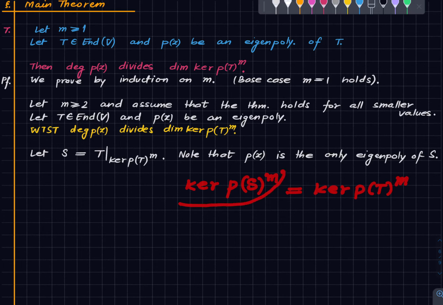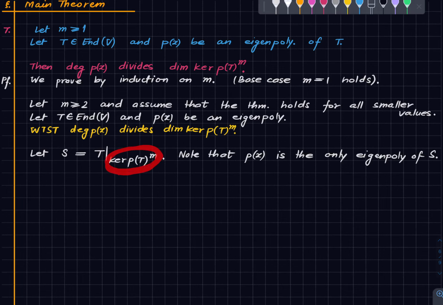So kernel of Ps to the m is actually the entire domain of S, because this is the domain of S. And hence, every vector in the domain of S is a generalized polyeigenvector corresponding to this polynomial, and therefore that can be the only eigenpolynomial, because generalized polyeigenvectors form a direct sum decomposition of any vector space. So just realize this fact. I'm not saying this in too much detail, but if you followed the previous lectures, this shouldn't be a hard thing.